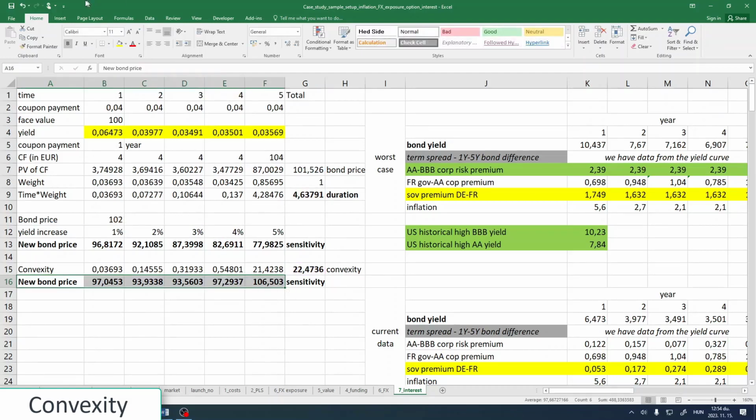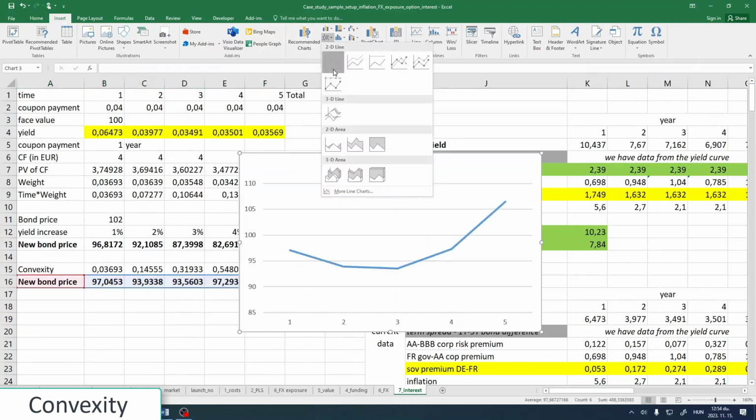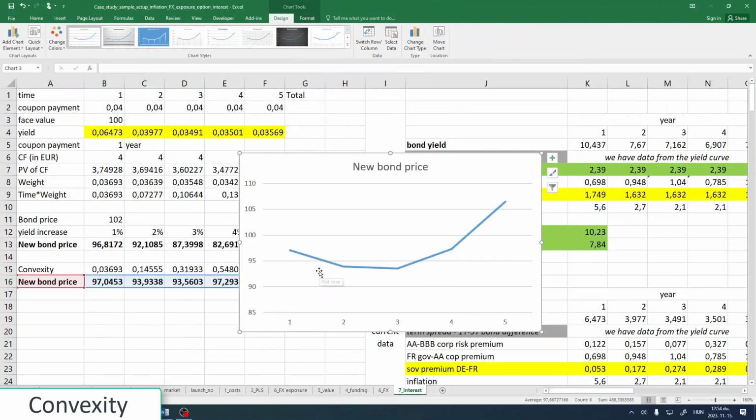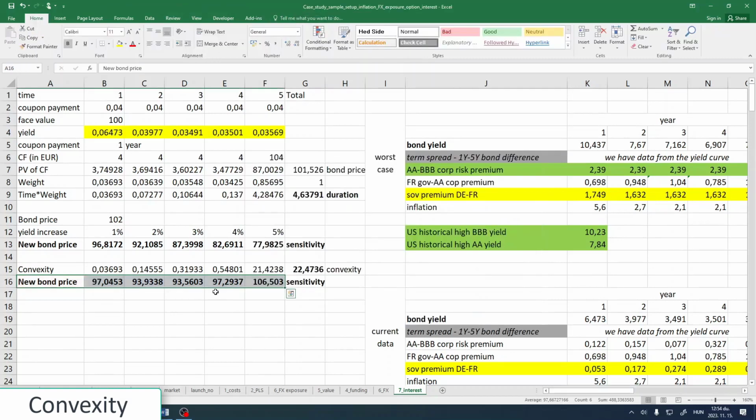Right now we have a really strange result, but I cannot see that it's a bug. 5% bond increase.